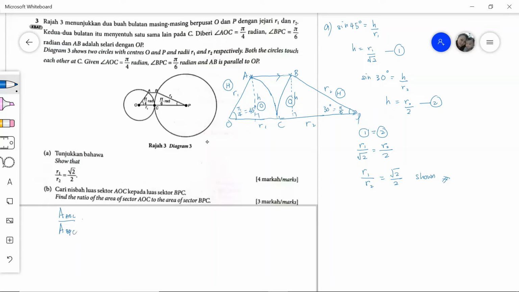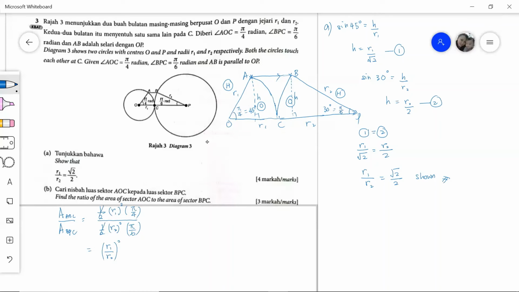The formula is half R squared times the angle in radians. For AOC, the R is R1, so half R1 squared times pi over 4 radian, over the area of BPC, half R2 squared times theta, where theta is pi over 6. So half and half can be simplified. And then we can write R1 over R2.